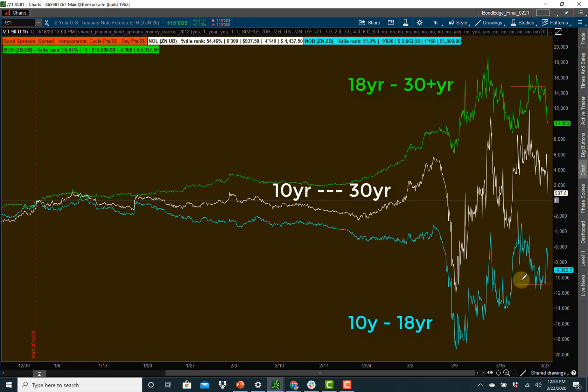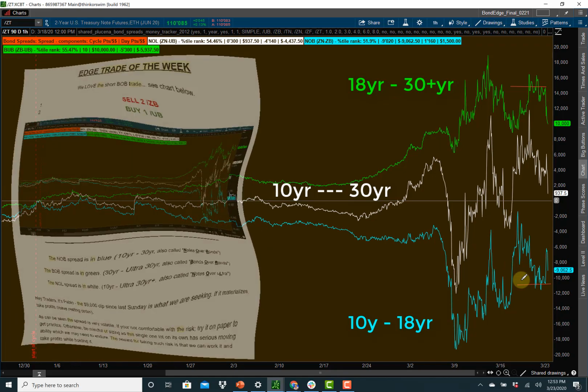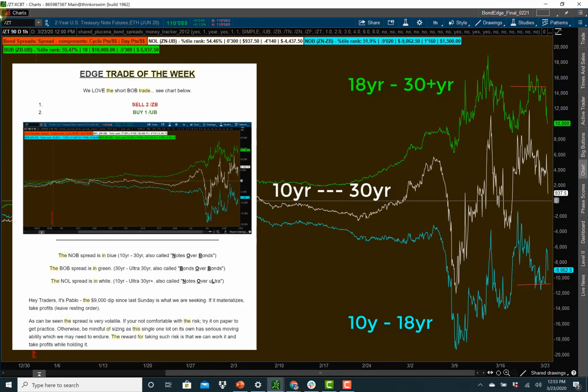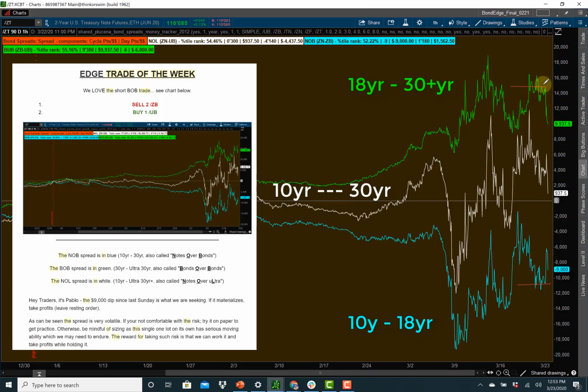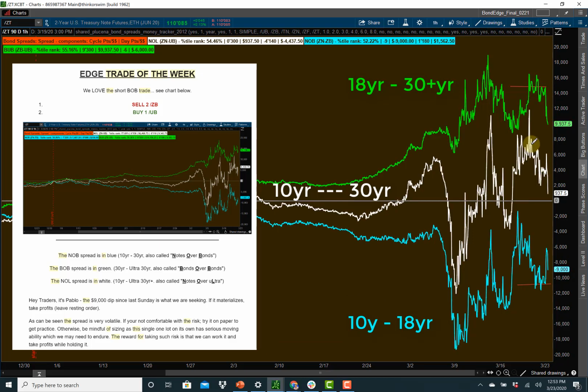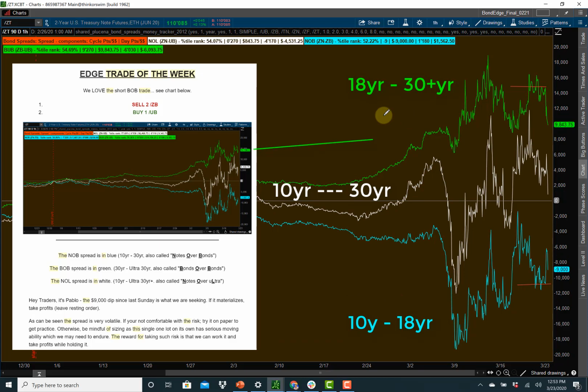Well, we shared this exact trade on Friday. We love the short bob trade, selling 2 ZB and buying 1 UB. At that time, you can see the spread was at $14,000. If you would have been short that spread from the beginning of the year, you would have been down $14,000.